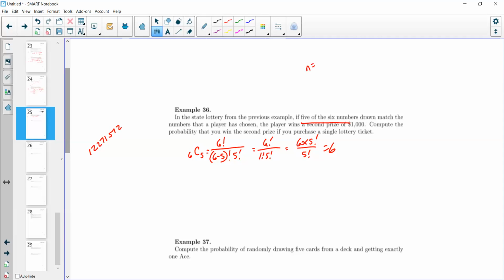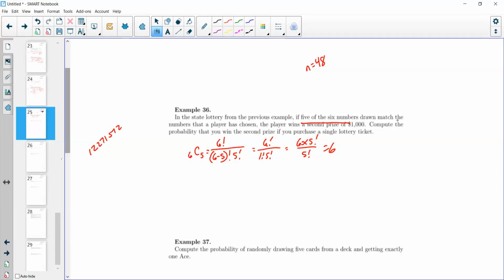How many possible lottery numbers are there? No, not combinations, just numbers. It's 1 through 48, right? So there's 48 numbers. 6 of them are winning numbers, right? So how many are not winning numbers? 42.